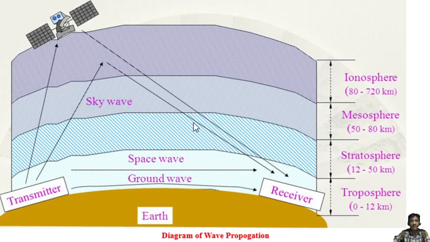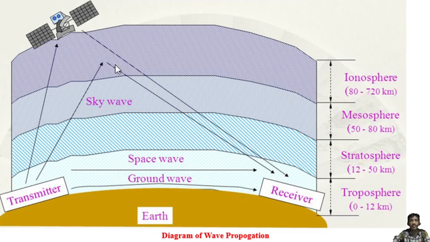I already know that the wave propagations are ground wave propagation, sky wave propagation, and space wave propagation. Out of these three, only two, ground wave propagation and space wave propagation, are used in the troposphere layer, but sky wave propagation is only used in the ionosphere.